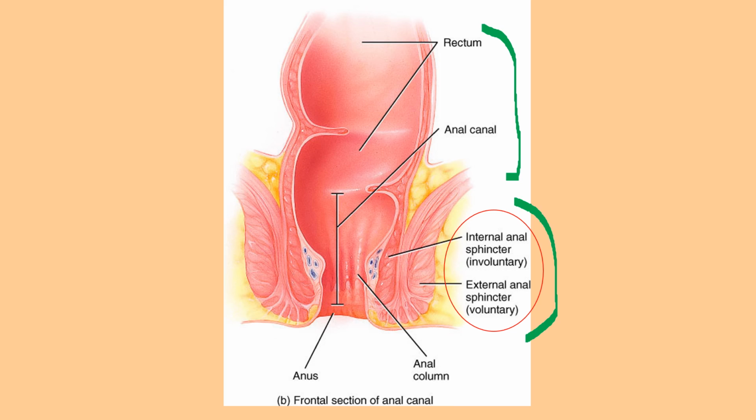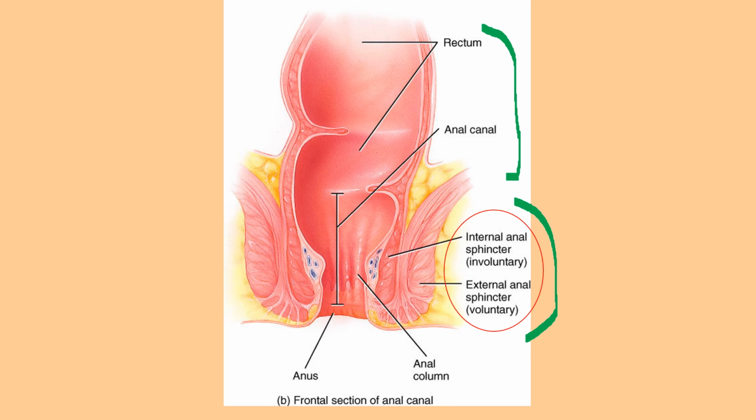The same situation occurs here in the GI tract, where the internal anal sphincter is part of the tube, part of the muscularis of the GI tract, and it's made out of smooth muscle. And smooth muscle is not under voluntary control, it's under involuntary control. And then we have the external anal sphincter. The external anal sphincter is part of the urogenital diaphragm. It's made out of skeletal muscle, and we do have voluntary control over it.